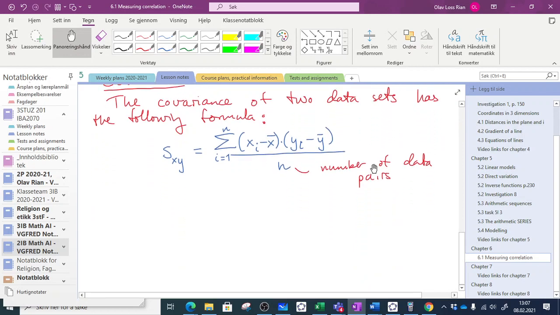And so this is part of the formula that you'll need next year. Because R is found by taking the covariance and we divide it by the standard deviation for x and the standard deviation for y. So this is the standard deviation for dataset y.